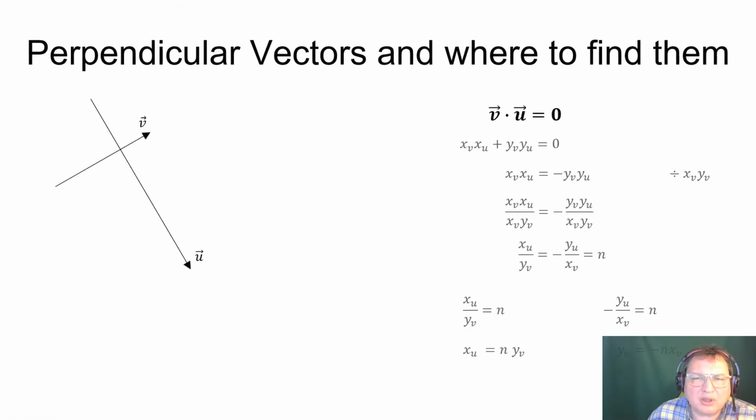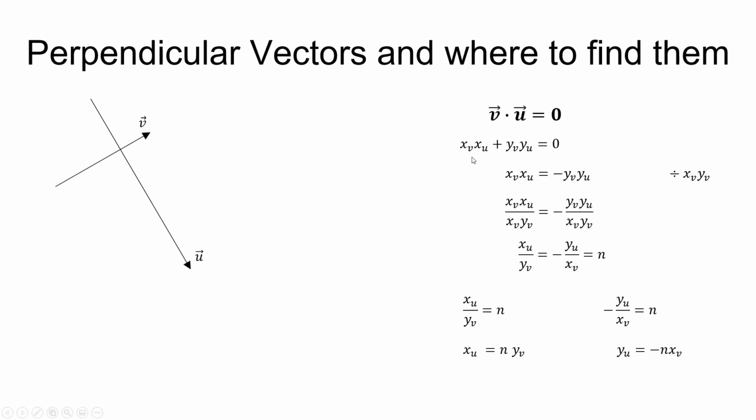Now, using the quick formula for the dot product, we can do this simple calculation, which I will only briefly comment on. We start with the quick formula for the dot product equal to 0. Then a simple rearrangement by moving this term to the right side. The next step is to divide both sides by the expression xv yv to get the fraction form of the equation.